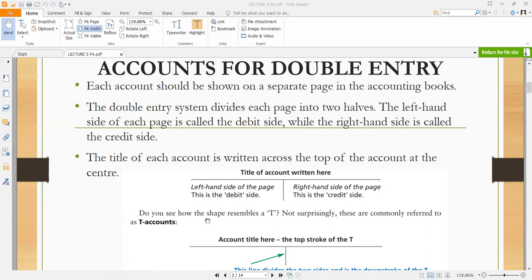Do you see how the shape resembles a T? There is that cross line that looks like a T. Not surprisingly, these are commonly referred to as T accounts.